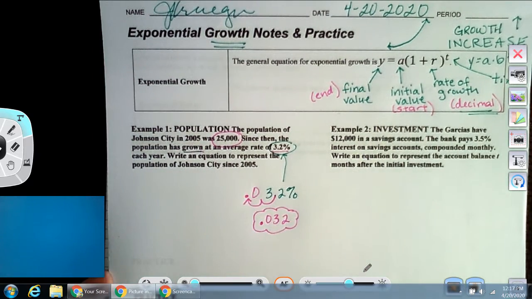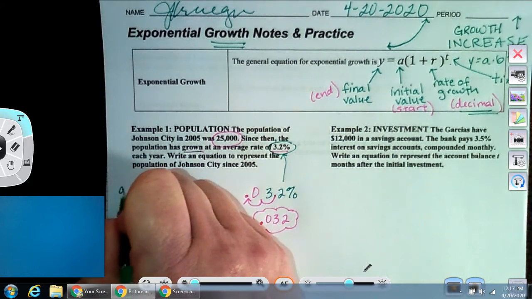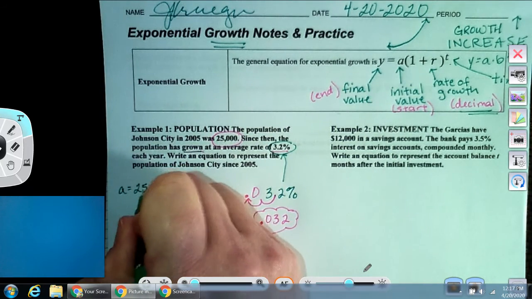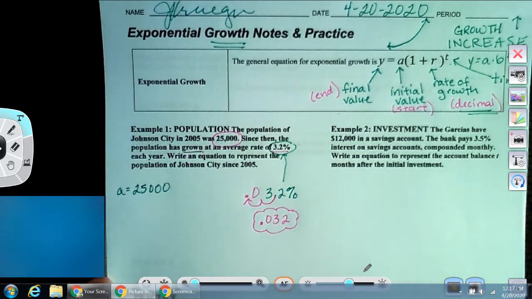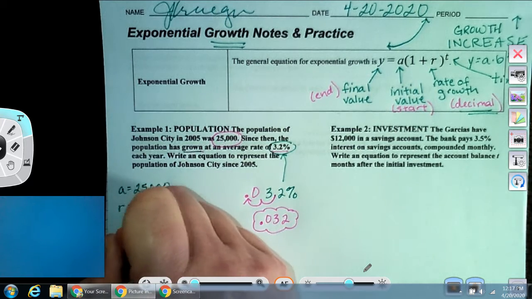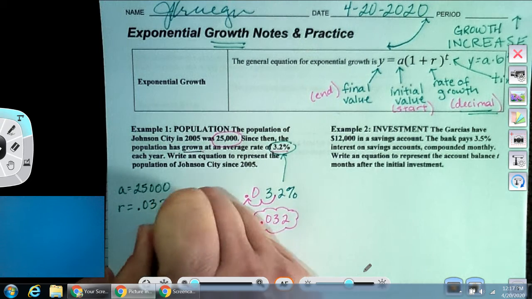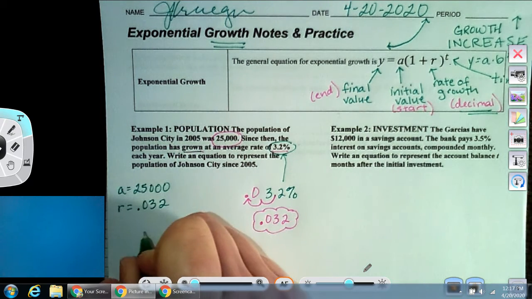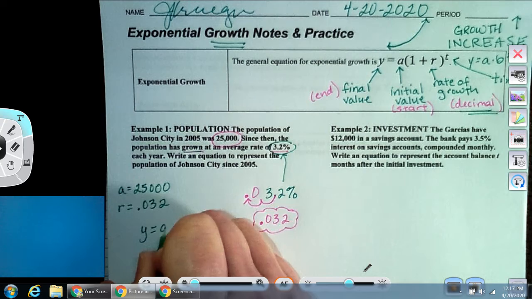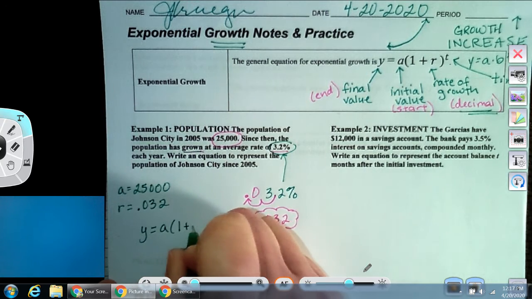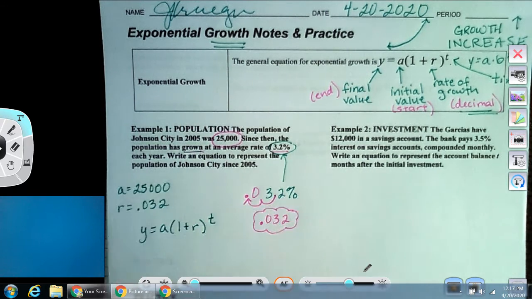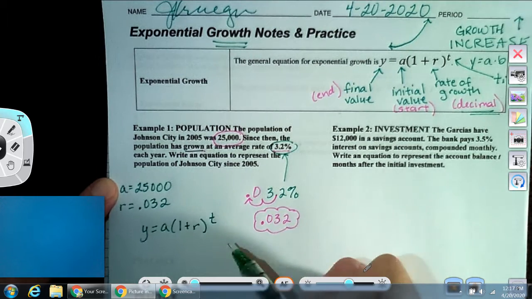Okay, so we know that our initial value is 25,000. And we know that our rate is 0.032. Okay. So if I start with my function, y equals a times 1 plus r to the t, I'm going to plug in the values they gave us in the problem.